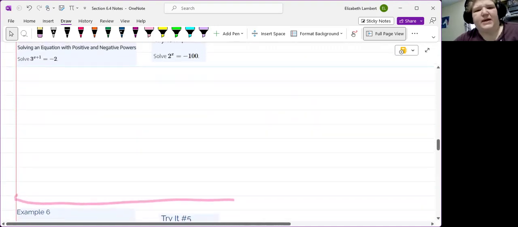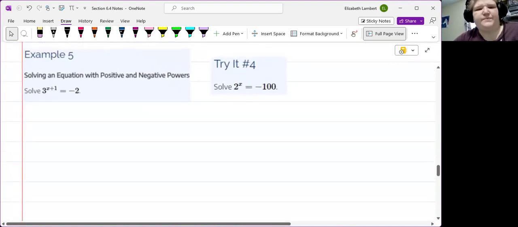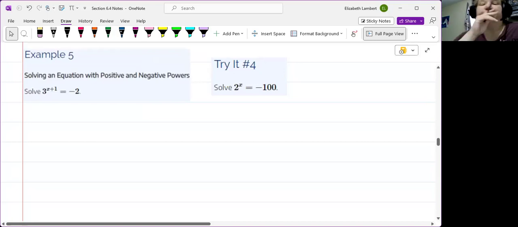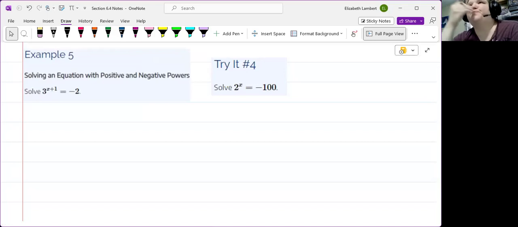All right, got another little pair for this video. So now, solving an equation with positive and negative powers. Okay, so this one is saying 3 to the x plus 1 equals negative 2. So 3 raised to some weird power is going to equal negative 2.